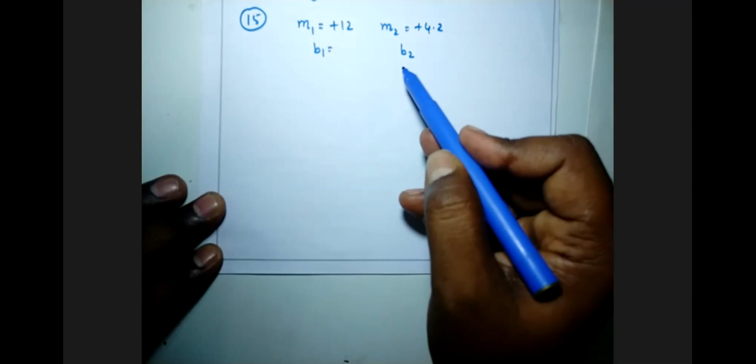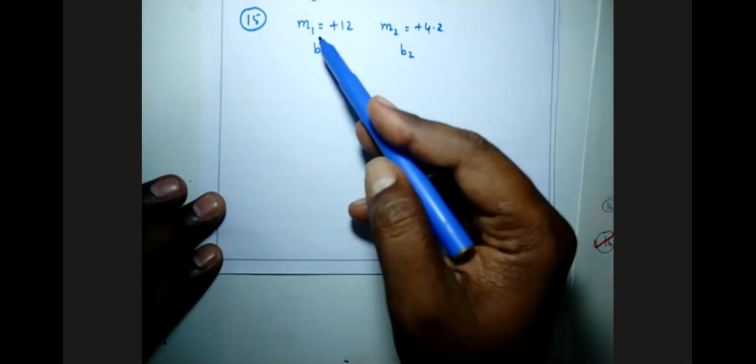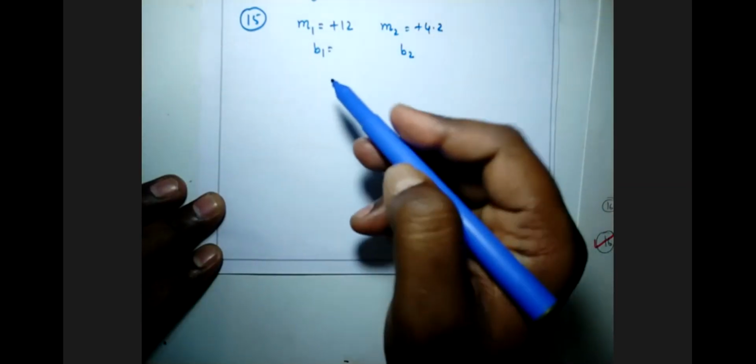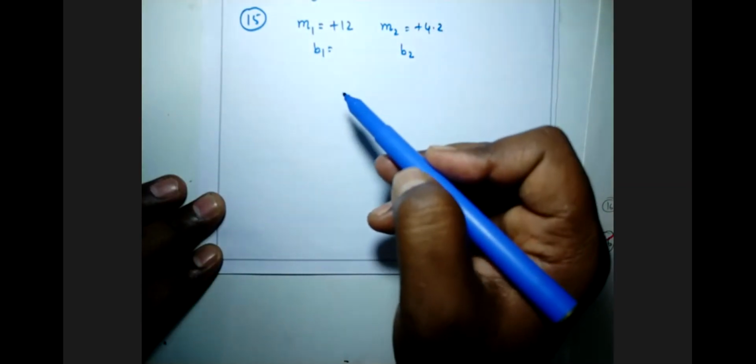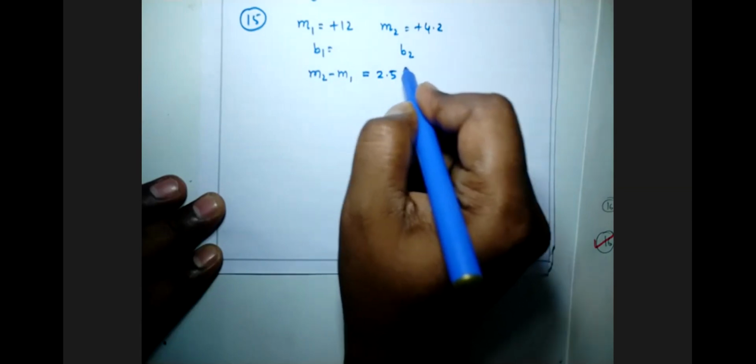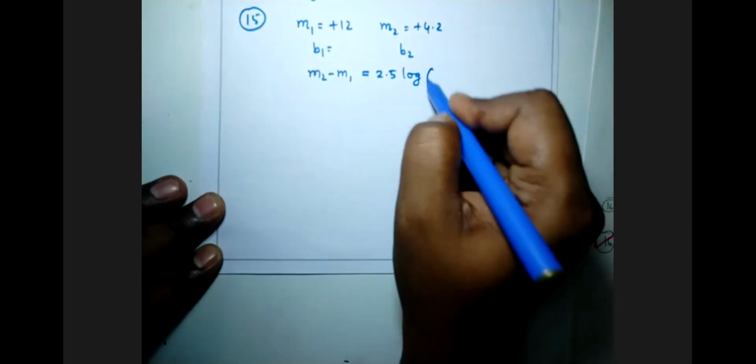We need to compare the brightness of the star, given that the apparent magnitude changes from 12 to 4.2. We already know the relation between the magnitude and brightness. So M2 minus M1 is equal to 2.5 log of B1 by B2.